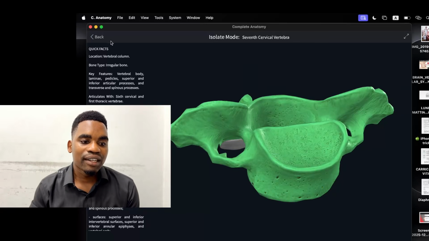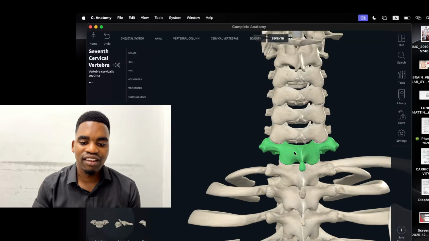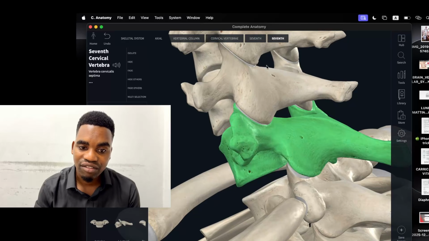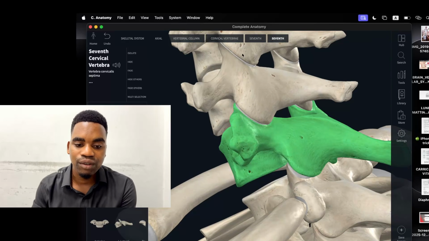So what can you say about the C7 vertebra? It can be viewed as a transition from the cervical vertebrae into the thoracic vertebrae.